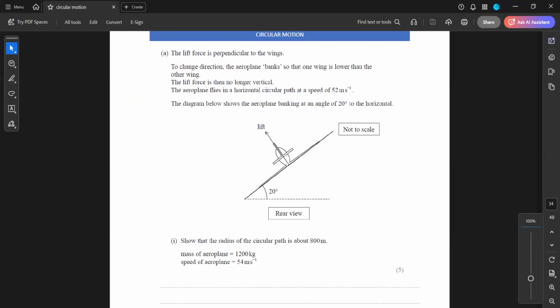Whenever an object moves in a circular path, there is always a resultant force acting toward the center. So the first thing we have to do is resolve this force into components.